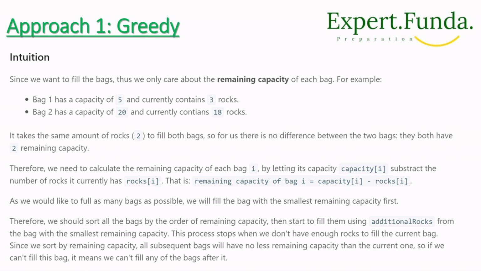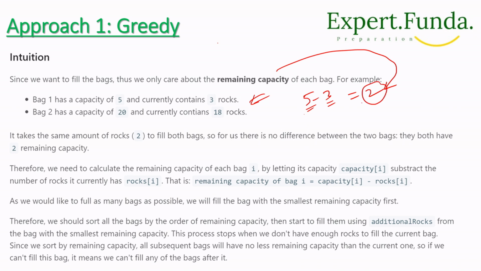Bag 2 has capacity 20 but currently contains 18 rocks. Like that. Currently we have 3 but capacity is 5, so the remaining capacity is nothing but 2.